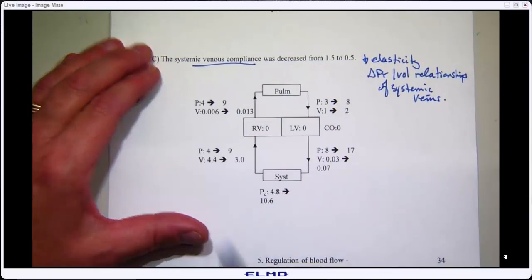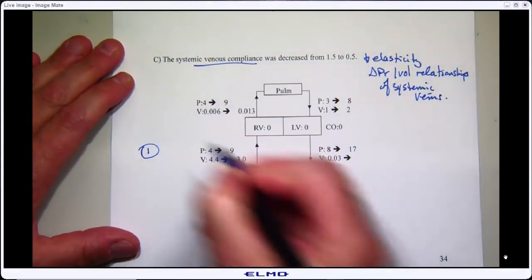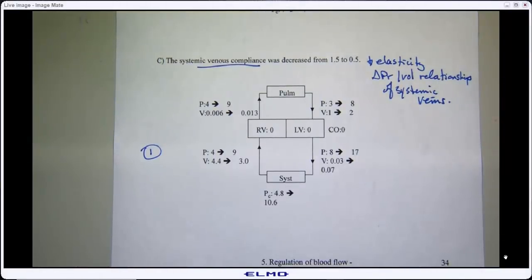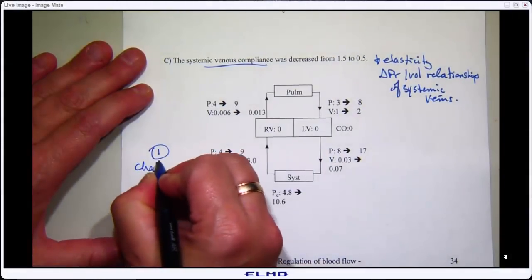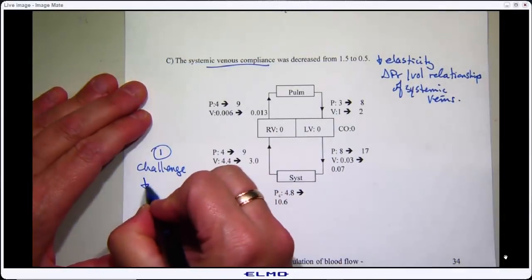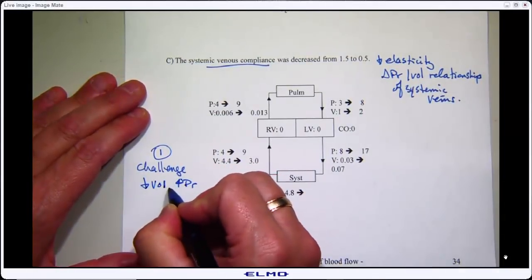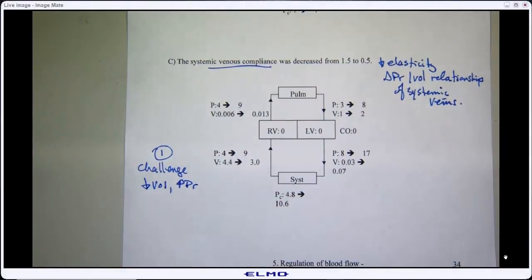Drop the elasticity of the systemic veins. So here's the challenge. I'm going to make the systemic veins less compliant, so I should see a decrease in volume and an increase in pressure here. Okay, that's the challenge.